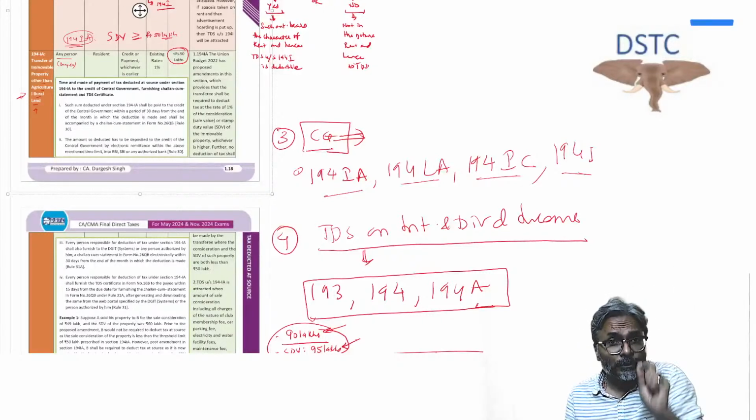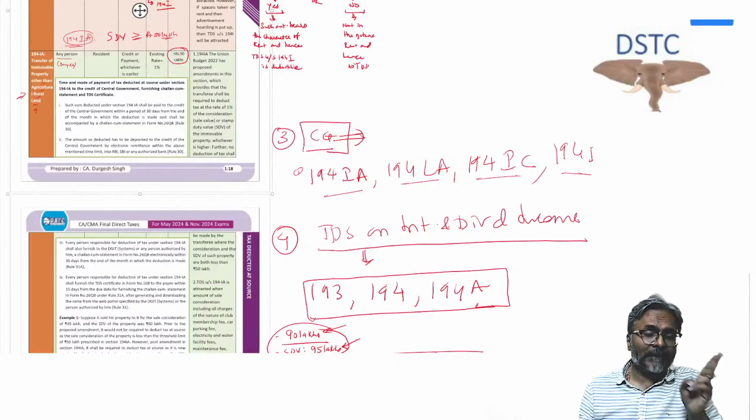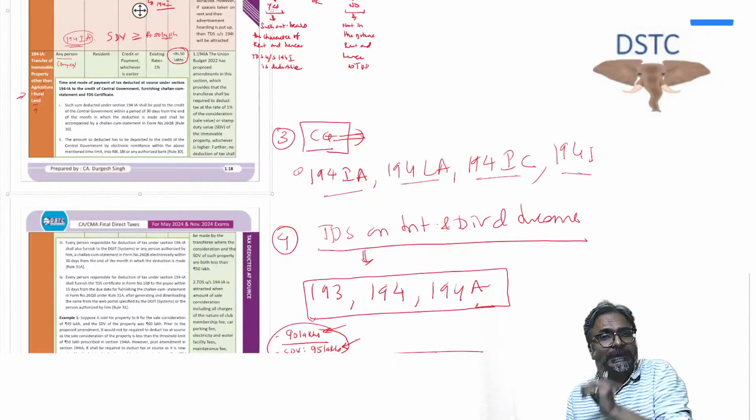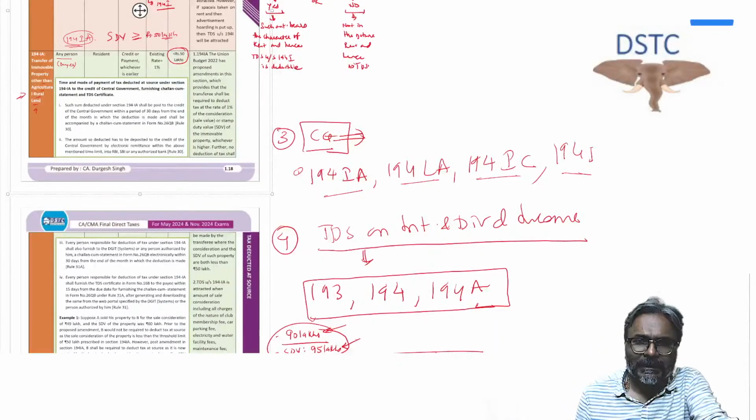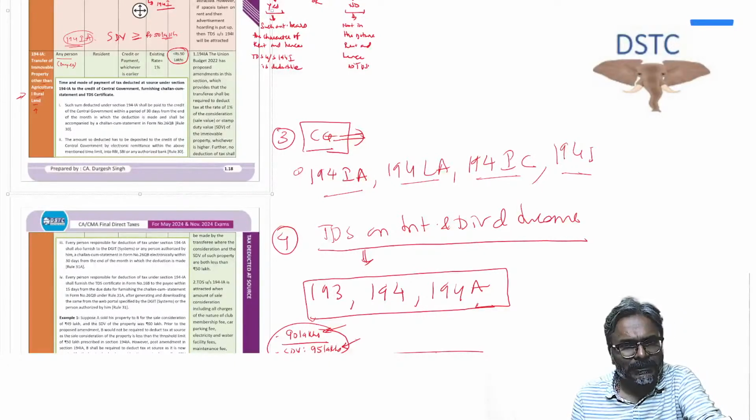One of the two should be 50 lakhs or above. Only then will the buyer be under the obligation to deduct the TDS. This is what this entire scenario is all about.